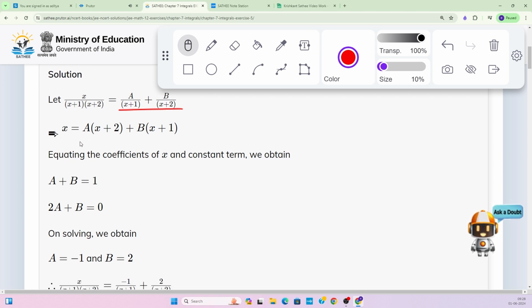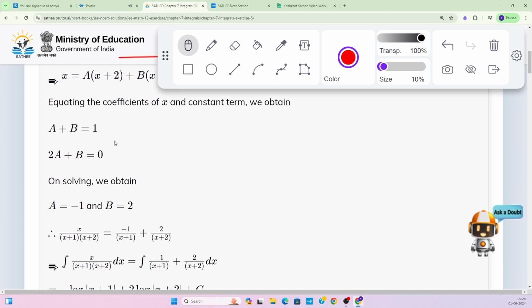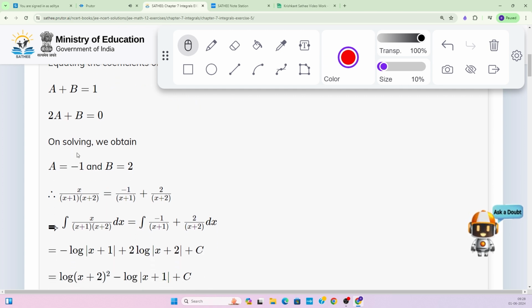You will have ax plus bx, which means a plus b must be 1, and 2a plus b must be 0. Subtracting, you get a equals minus 1. If a is minus 1, then b must be 2.